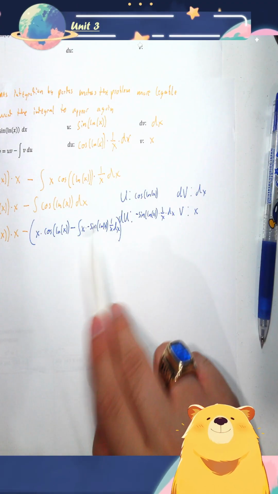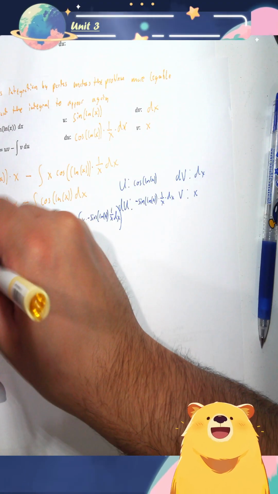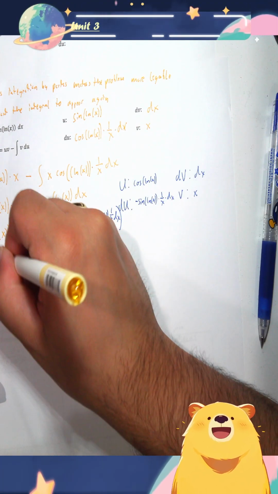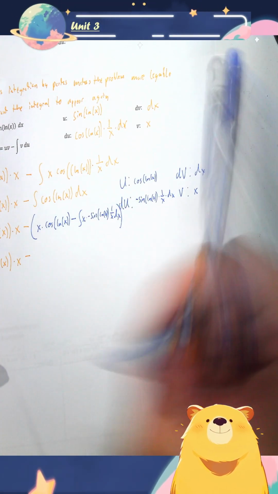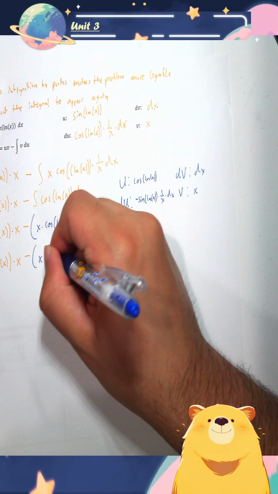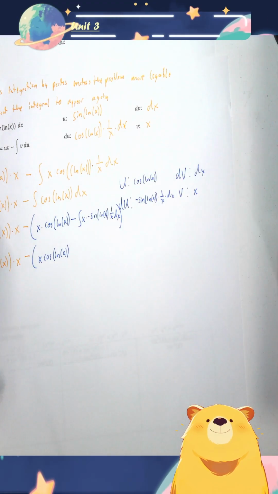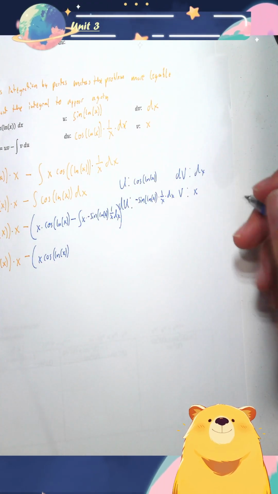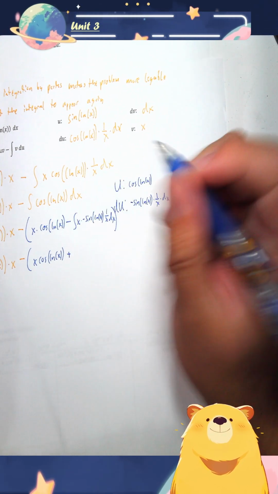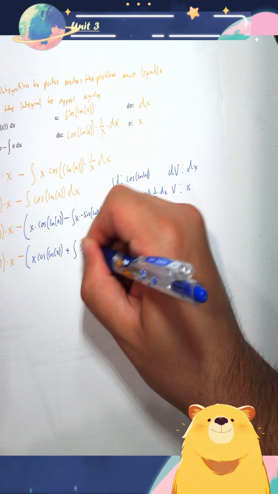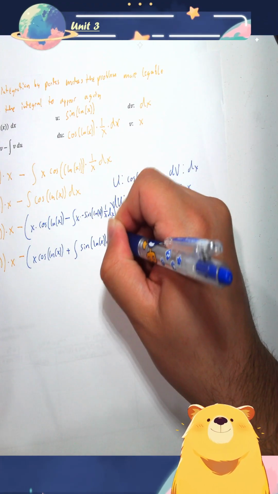Not only do the negatives become positive, that will cancel out, and you're left with this final version plus the integral of sine ln of x dx.